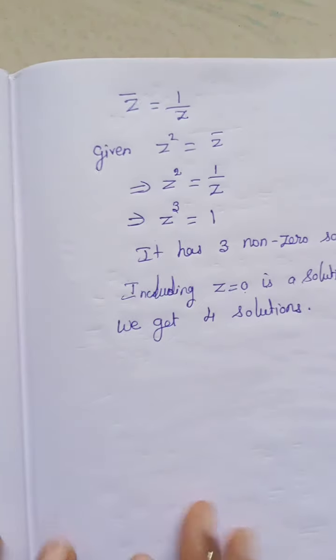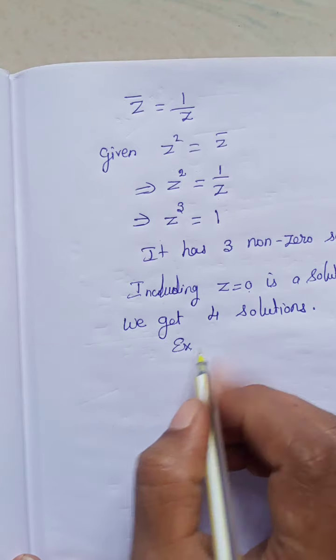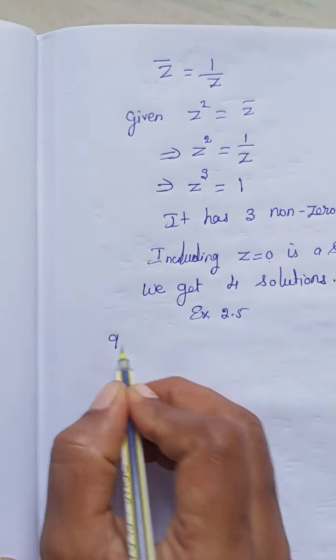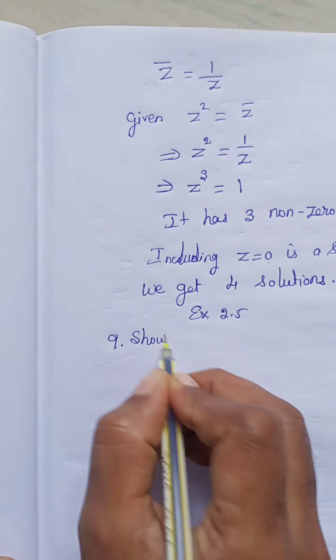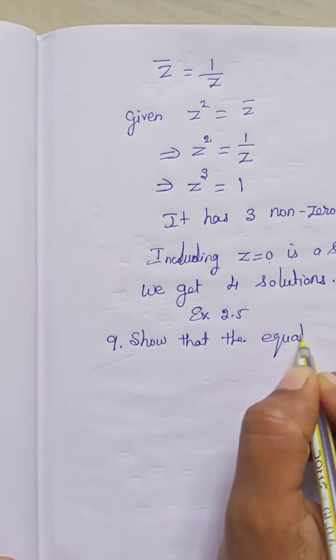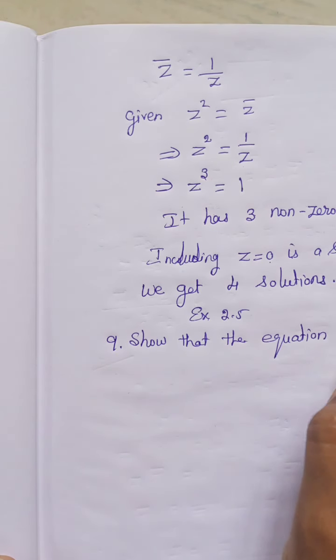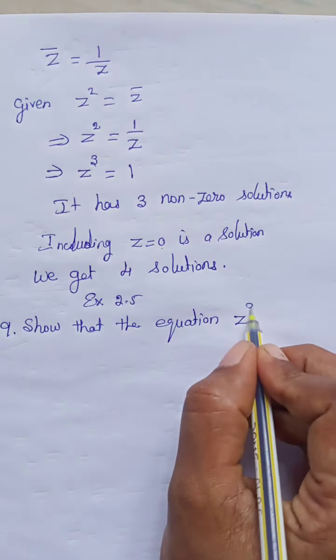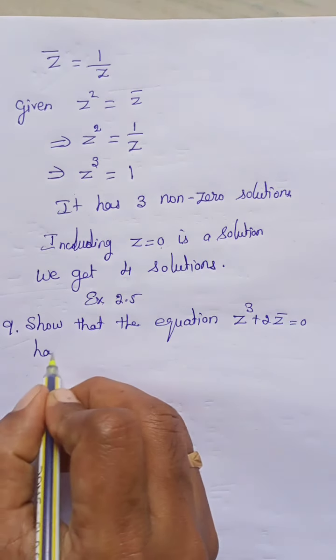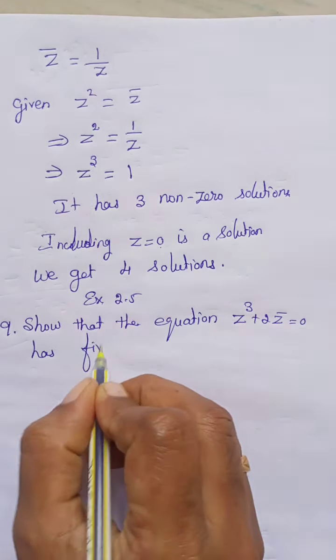Now the same way we have that in exercise 2.5 problem number 9. Show that the equation Z cube plus 2 into z bar equal to 0 has 5 solutions. 5 solutions.